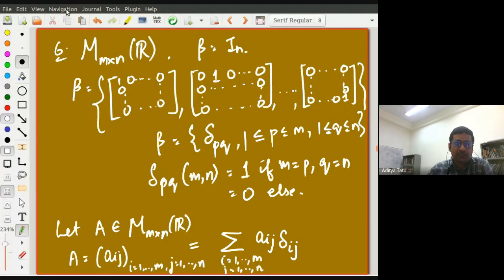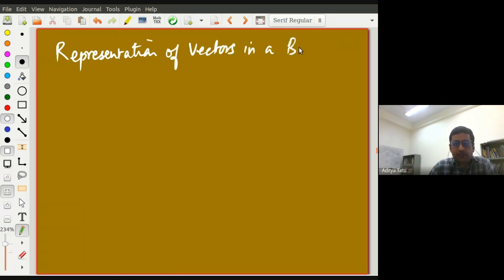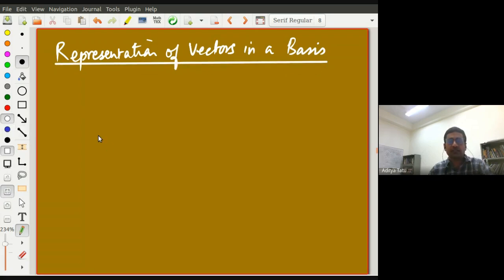Now let's look at the ordered property here. For that, let me talk about representation of vectors in a basis. Some of you are possibly wondering what is the importance of basis. The definition is one thing, but why is this concept required at all?